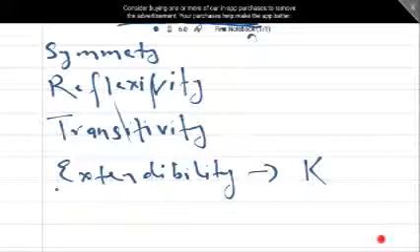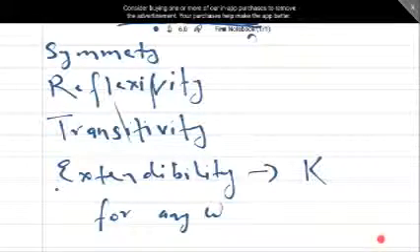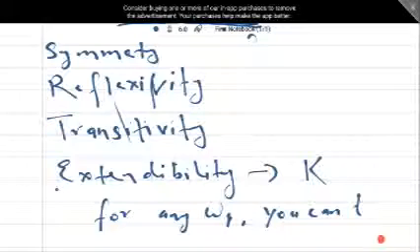This is for any world 1 you can take world 2. It simply means that you can extend your world.